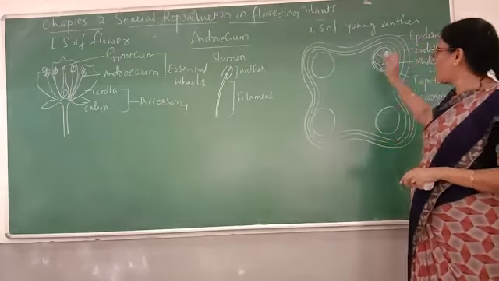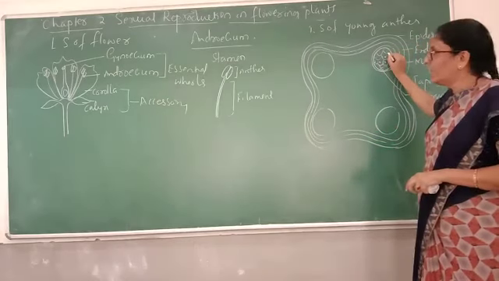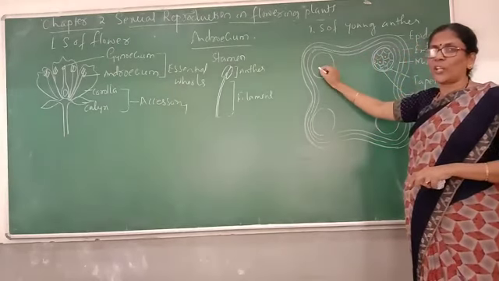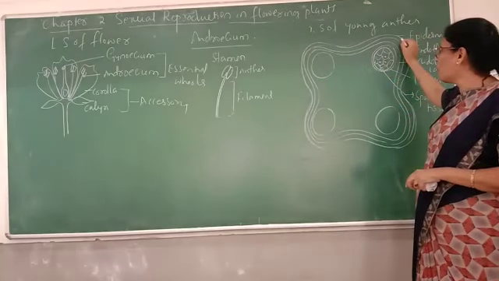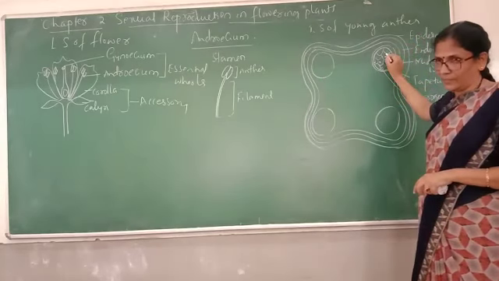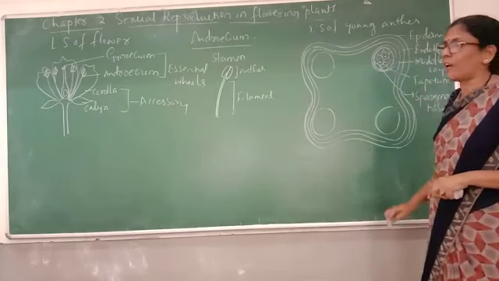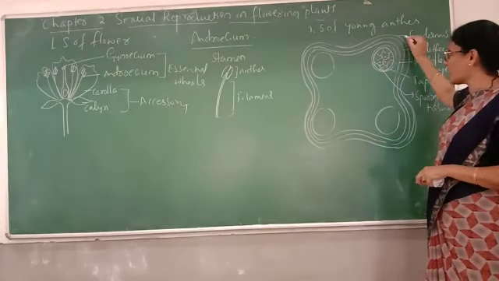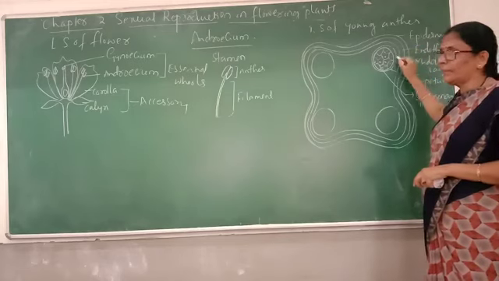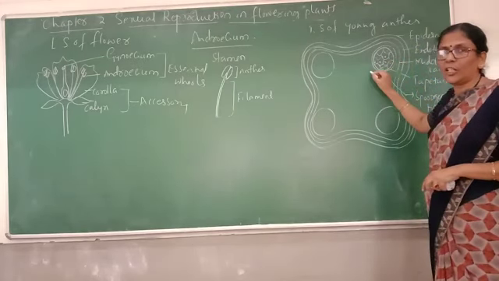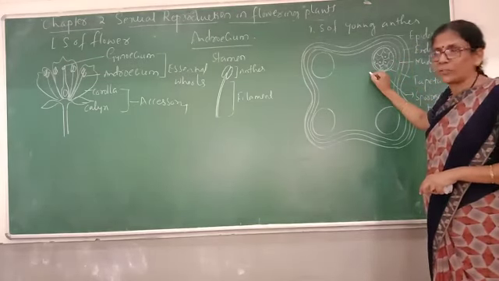The structure of microsporangia: the outline of a microsporangium is circular, and it is covered with four layers. The names of these four layers, from outside to inside, are epidermis, endothecium, middle layer, and the innermost is called the tapetum.